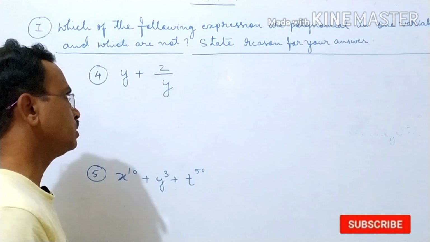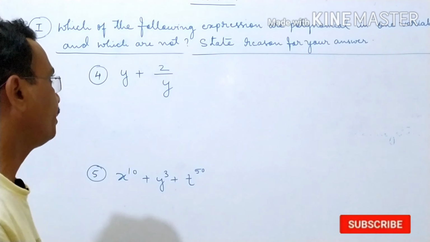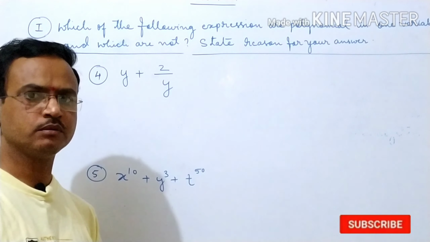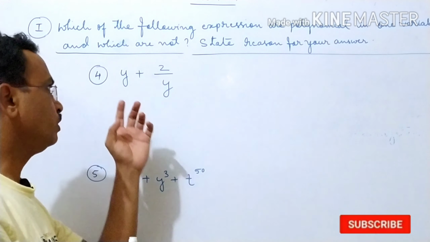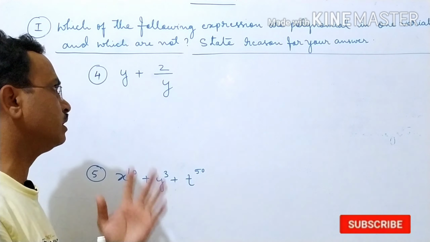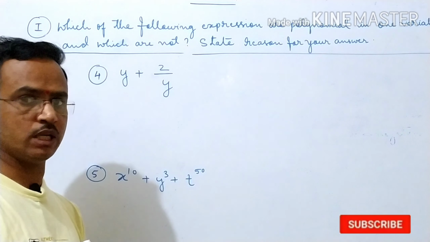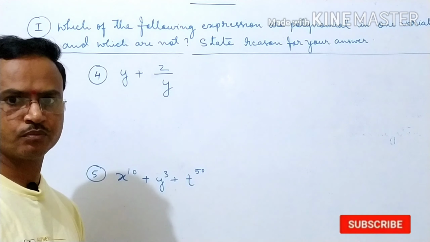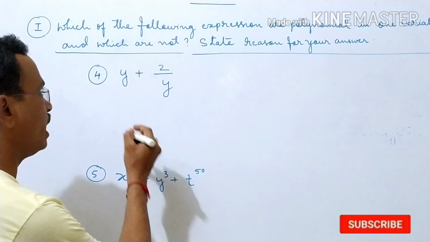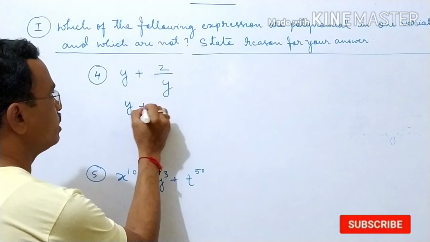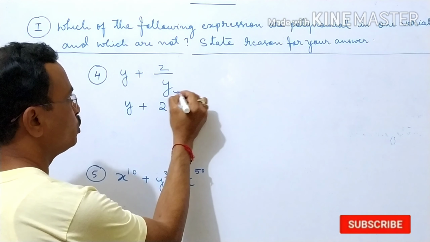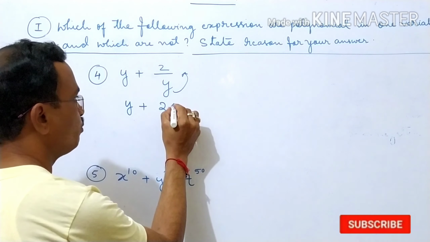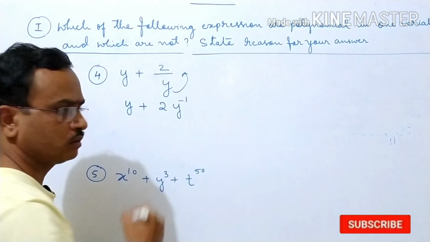Now y plus 2 divided by y. Can you say whether this is a polynomial? If you take the first term we can say it is a polynomial, but in the second term the denominator y is there. So this can be written as y plus 2, and this y you take to the numerator, it becomes y to the power of minus 1.